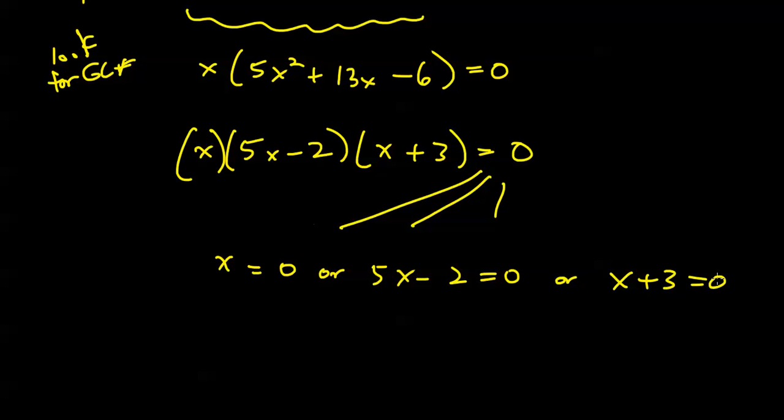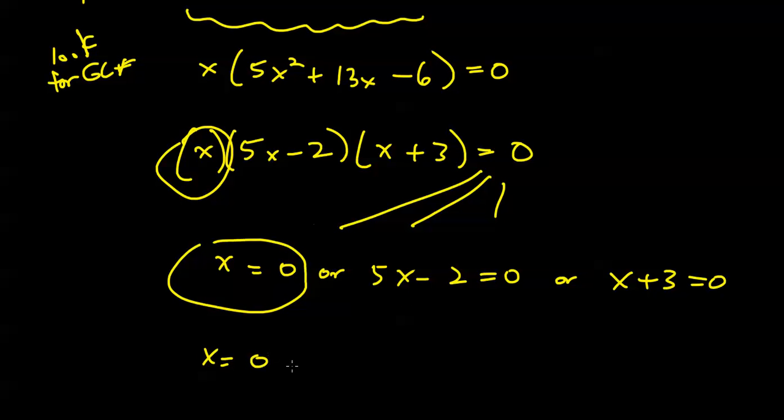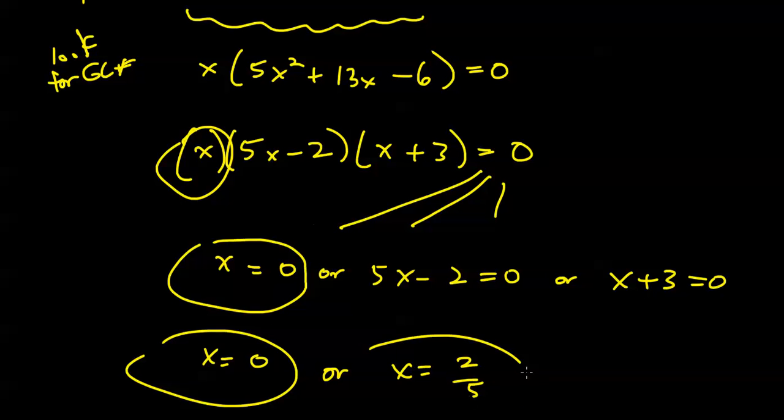Don't forget to include x equals 0. X is a factor here in your factored expression, so x equals 0 is going to be a viable solution. So as final answer, I'll say x is 0, or 5x minus 2 implies x equals positive 2/5, and that's a possible solution.